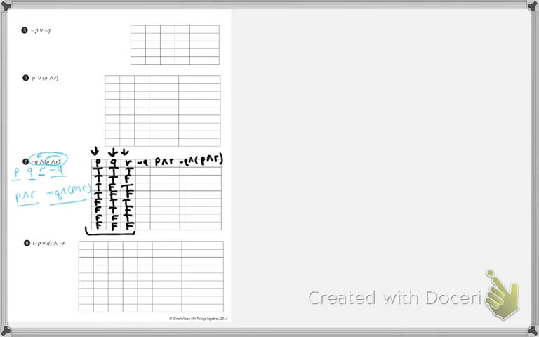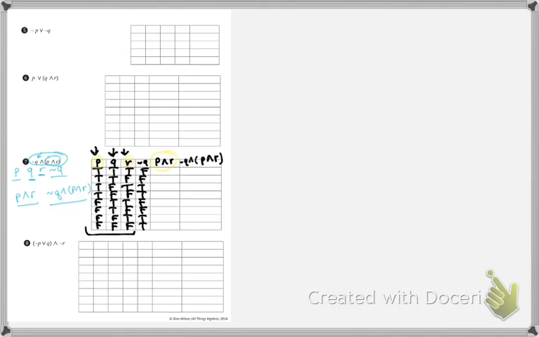Alright, now we're going to do the opposites of Q. So we're going to write our new Q's. False, false, true, true, false, false, true, true. P and R. Alright, so our first one here, we're going to do P and R. It's and, which means both have to be true.